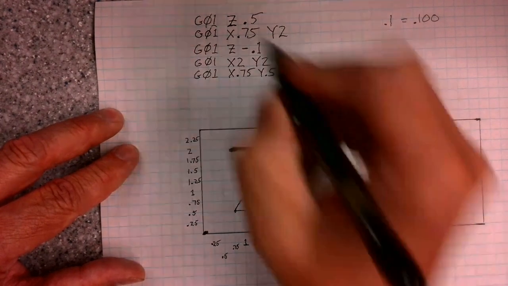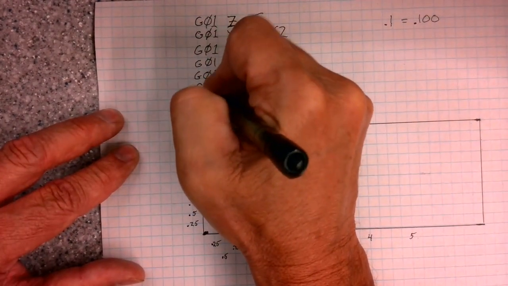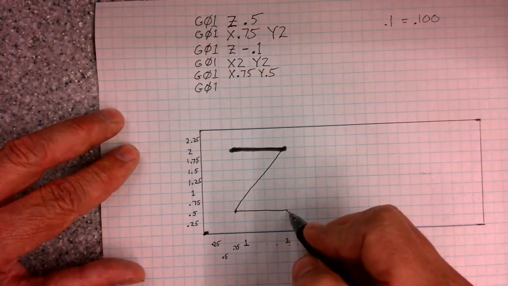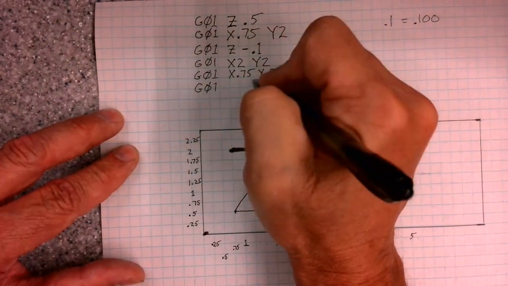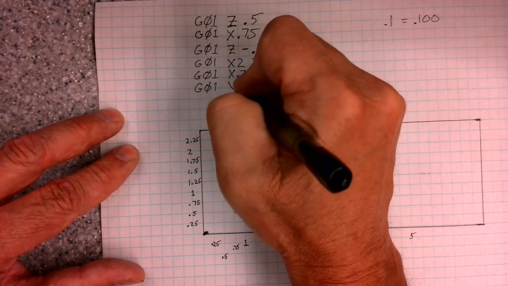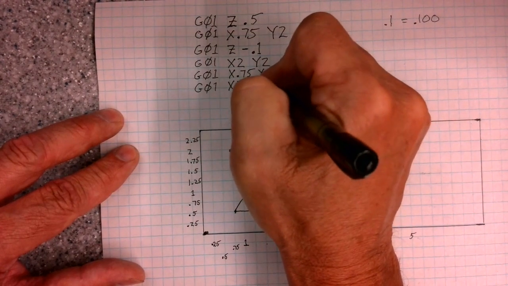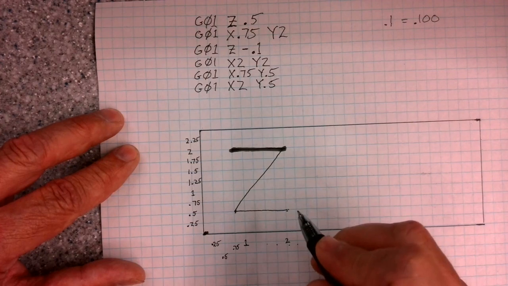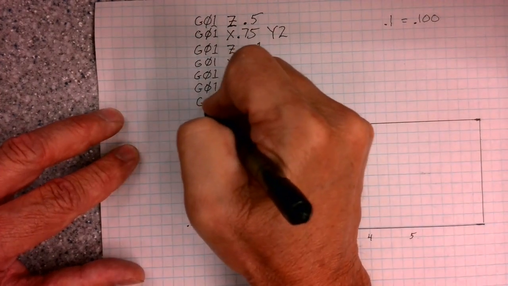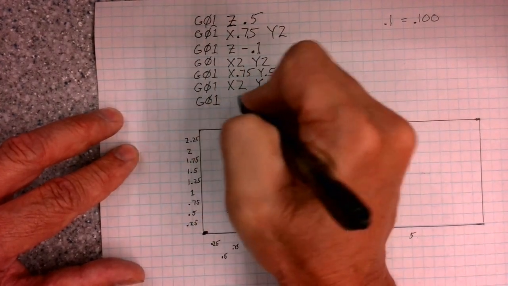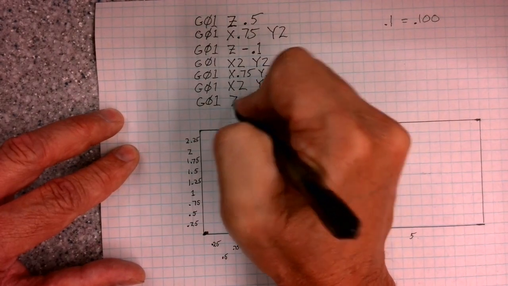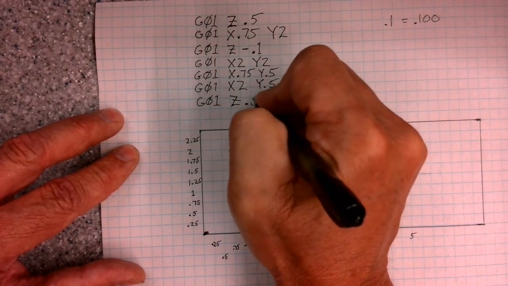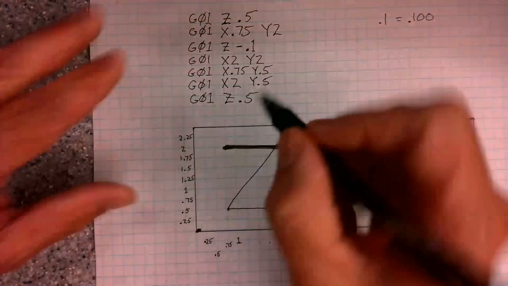And now we need to go here, G01, X2, Y0.5. And then the last thing we want to do is lift back up. G01, Z0.5. So these lines of code, and I'm going to number them.